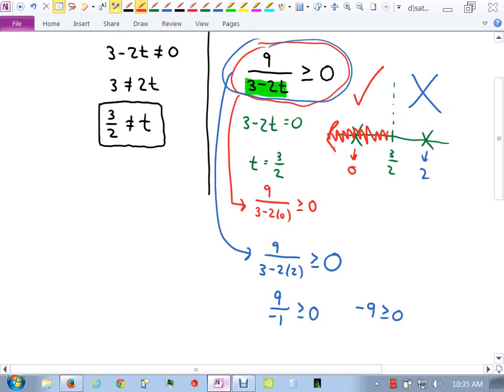I'm ready to get a final answer, and I'll try and fit it all on one screen. Here's my final answer. What does the black side over there tell us? 3/2. Oh wait, why did I put negative? T cannot be 3/2, so I don't want to include that, right? What does the one on the right tell me?